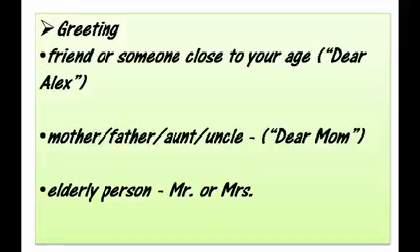If you are writing to your relative, like your mother, father, aunt, uncle, etc., you may greet them as Dear Mom, Dear Uncle, etc. And if you are writing to an elderly person, someone you respect greatly, you can address them as Mr. or Mrs. For example, if you are writing a congratulatory letter to your teacher, it can be addressed as Dear Mrs. Alex.